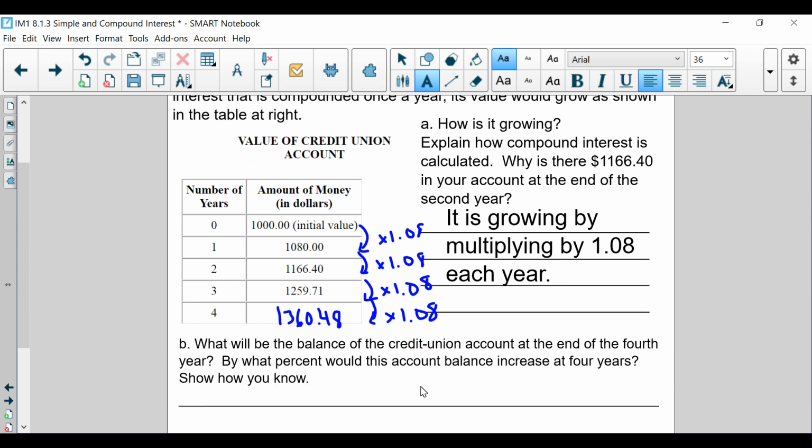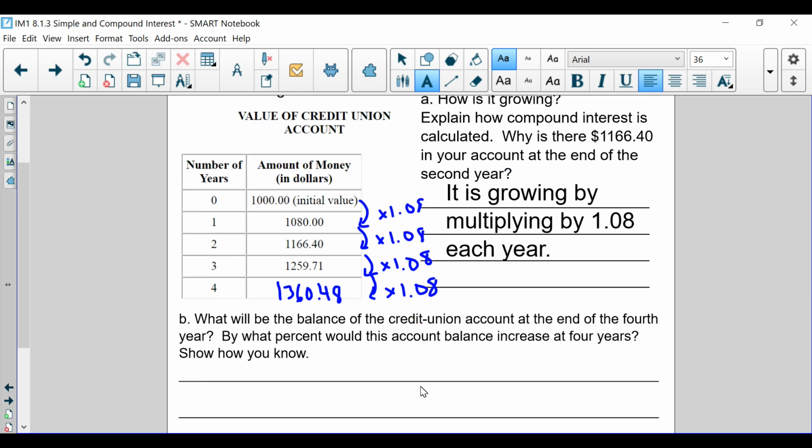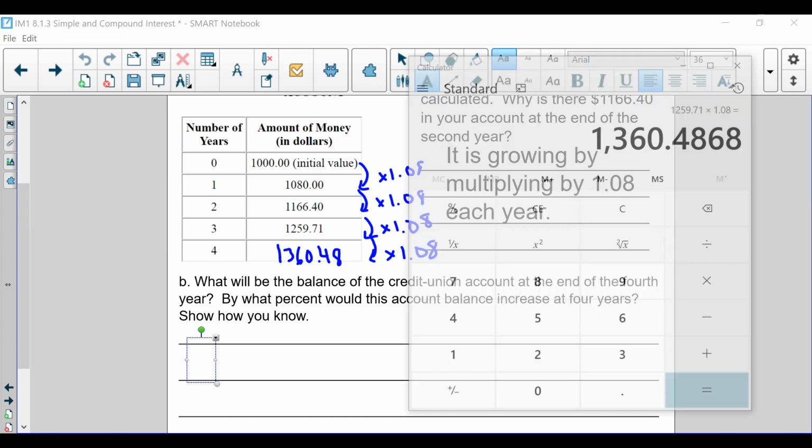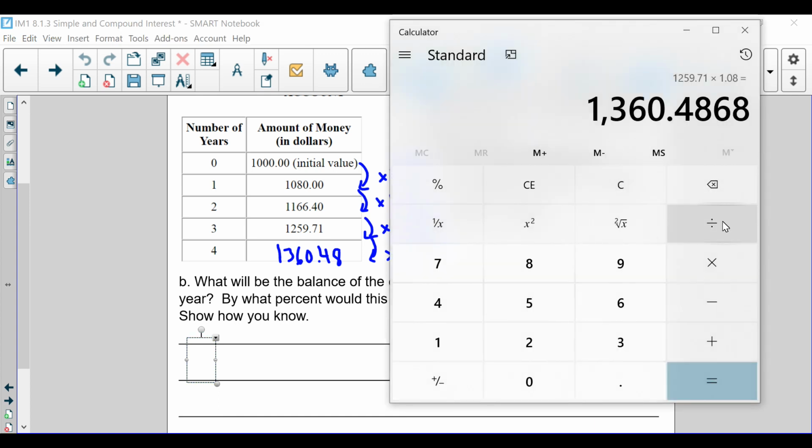And what will be the balance at the end of the fourth year, and by what did it increase? So we already figured out that it would be 1,360 and 48 cents. But let's go ahead and figure out, well, if we take that and we divide it by the initial starting amount, which was 1,000, we're going to get 1.36.